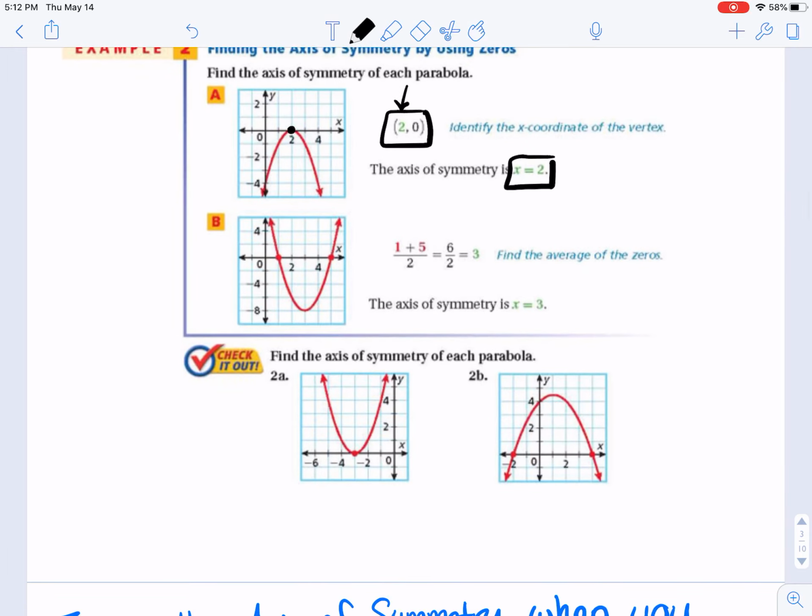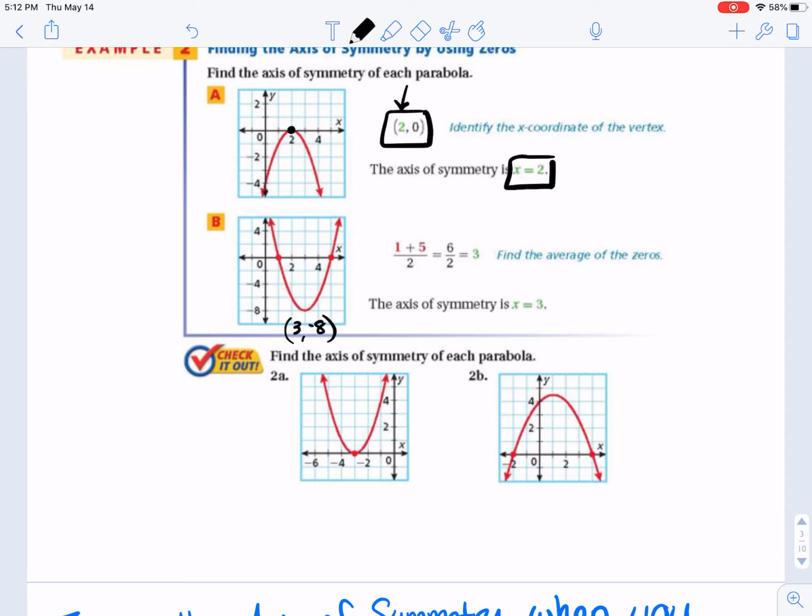Now, it looks like in letter B that my vertex would be at 3, negative 8, but I'm not 100% sure, specifically because they did not put a dot there for me. It's the first time that they did not put a dot for me, so I can't assume that it's definitely at 3, negative 8.